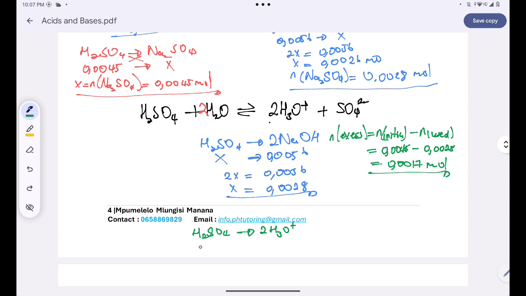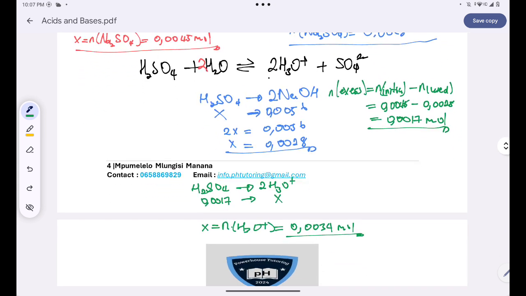But now how much of the acid do I have in excess? 0.0017. I want to know how many hydronium ions I will form. X, which represents the number of H3O plus ions, is simply 2 times 0.0017, which will give me 0.0034 moles.